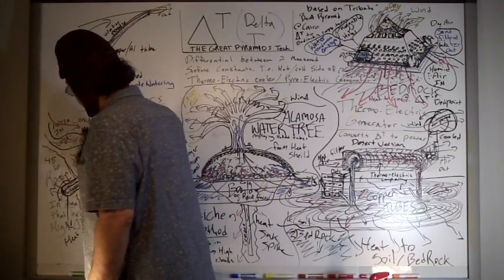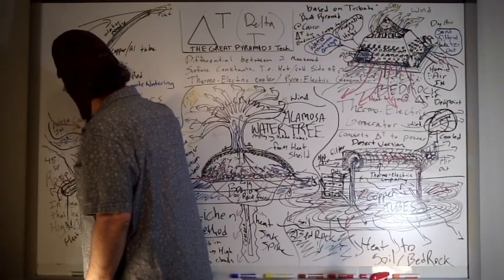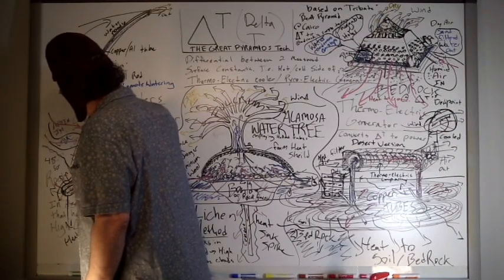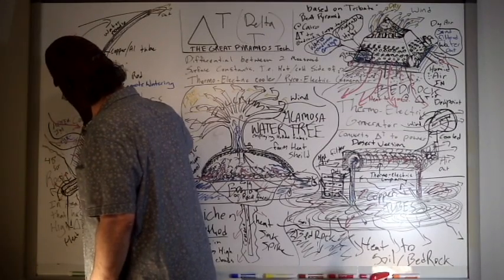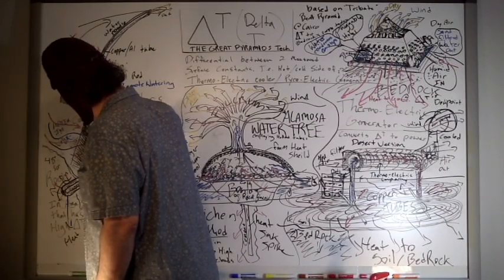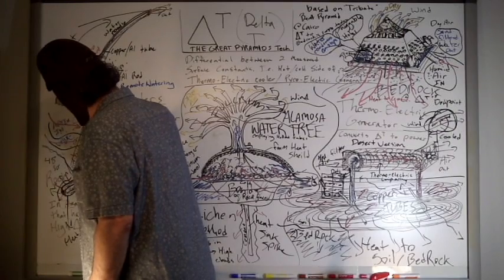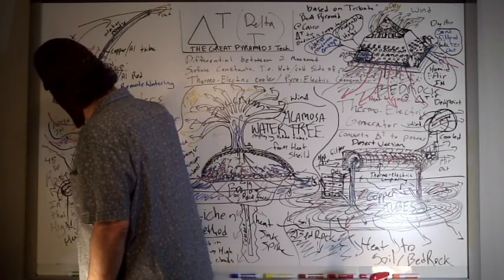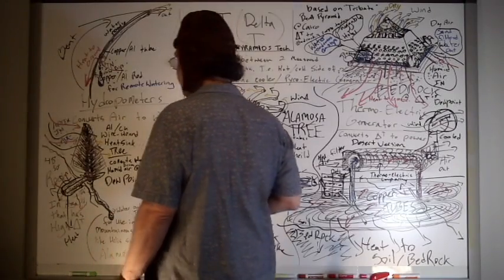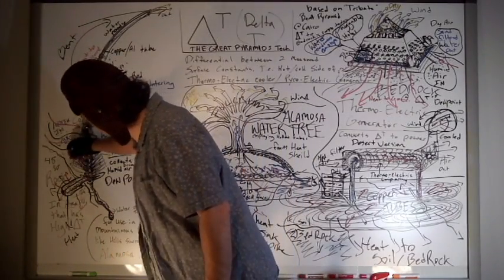So you could add a heat shield to it, but you're going to have to follow the Egyptian methodology, I think, because you don't have the same type of device at all.